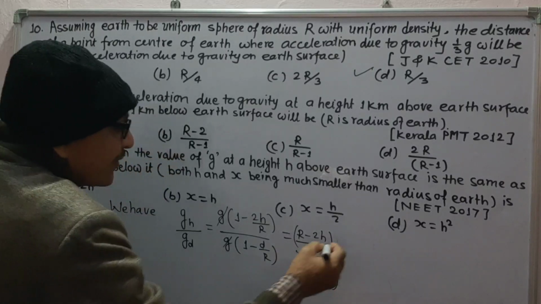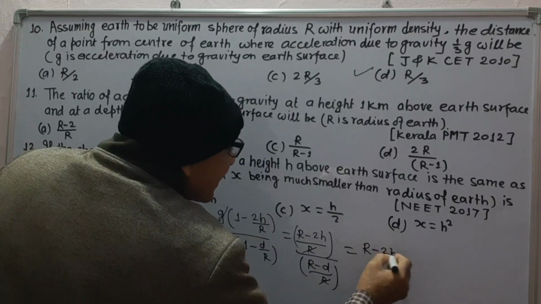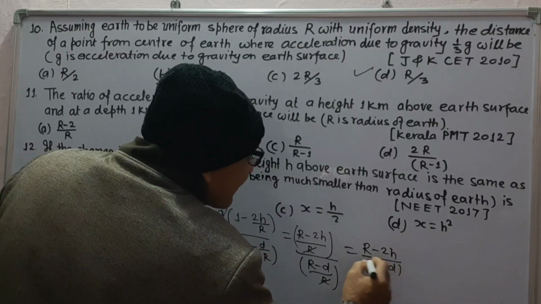This r cancels out and we get r minus 2h upon r minus d.